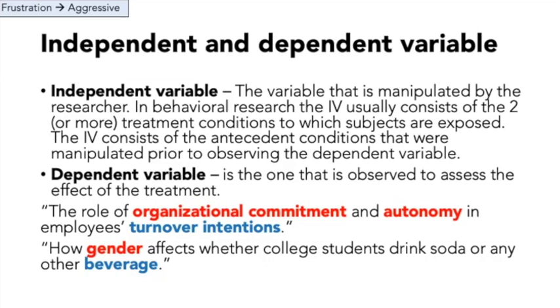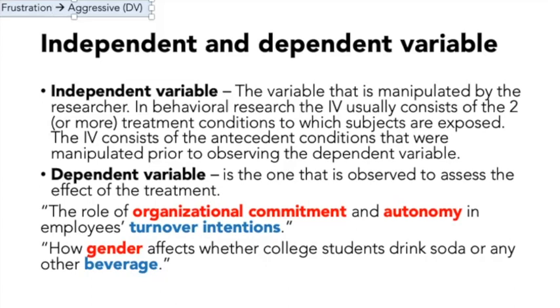Now, aggression is the variable that I am interested in measuring. I want to measure aggression. So aggression, of course, is my dependent variable, because this is the variable I am interested in measuring. But I can measure this based on the manipulation that I do in my independent variable. For example, I divided my group into two, 30 students in one group and 30 students in another.